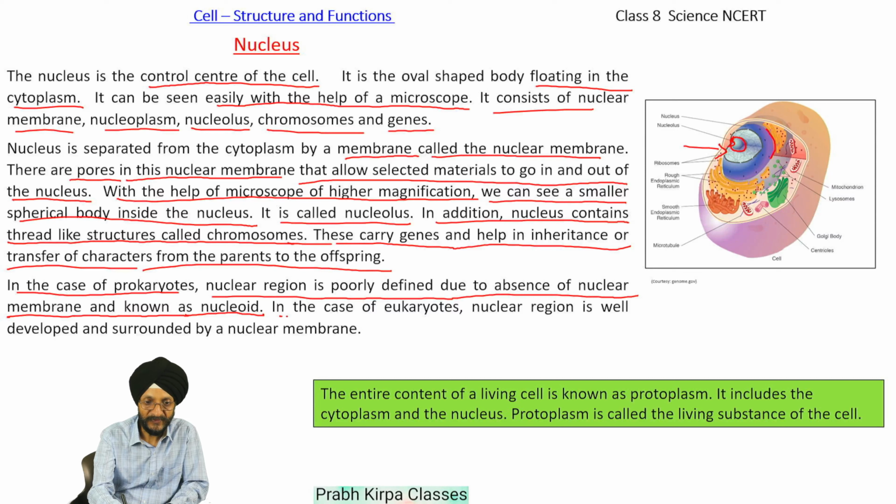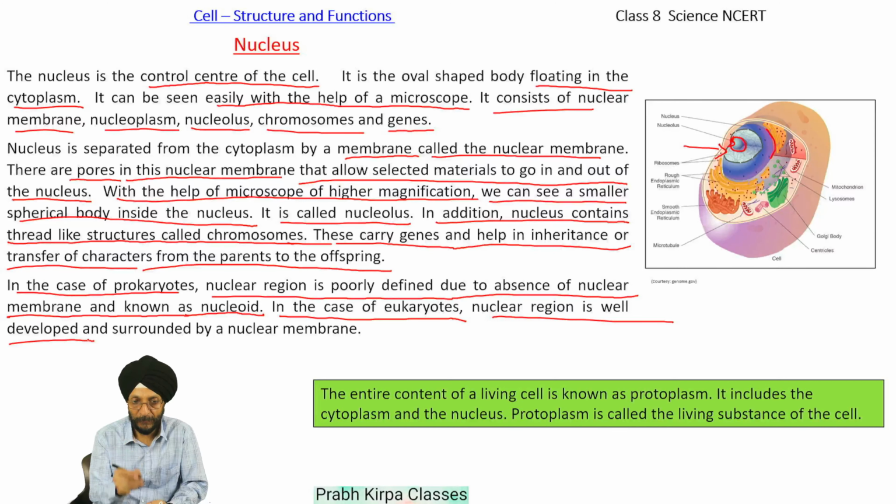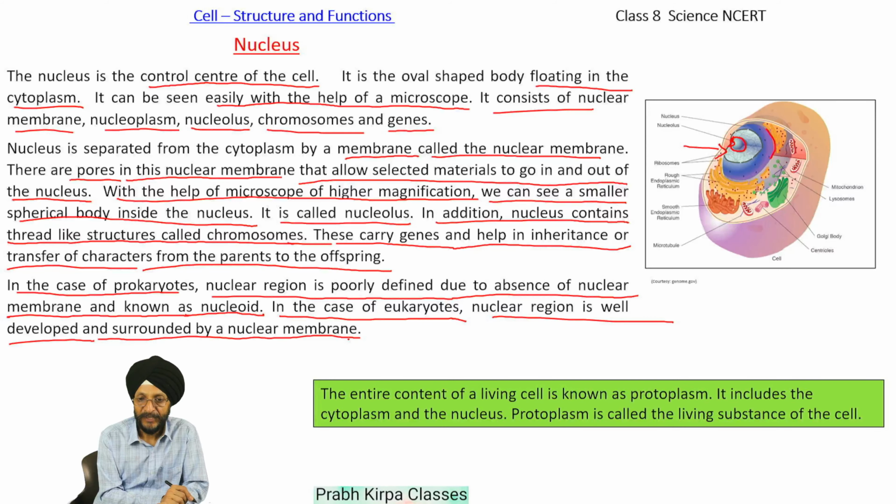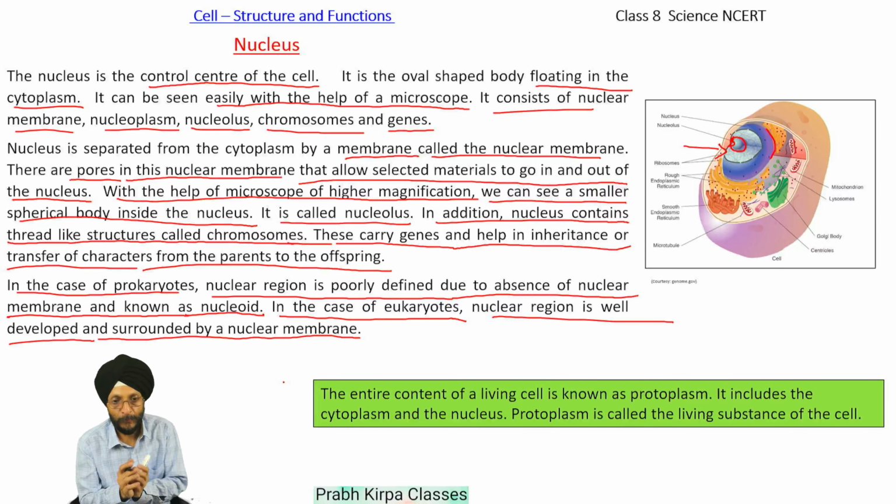In the case of eukaryotes, the nuclear region is well defined or well developed, and the nucleus is also surrounded by a nuclear membrane. If there is a question in the exam whether the nucleus is present in prokaryotes, our answer will be no. The nucleus is not present because the nuclear region is poorly defined.